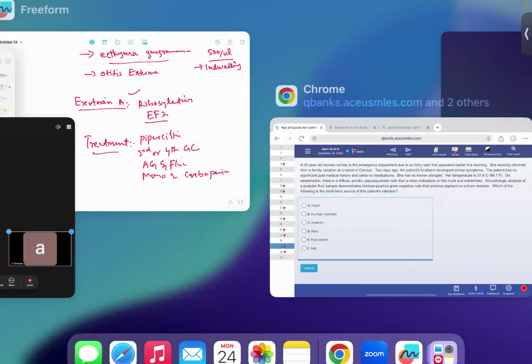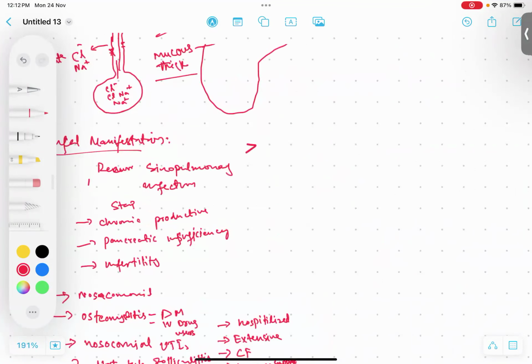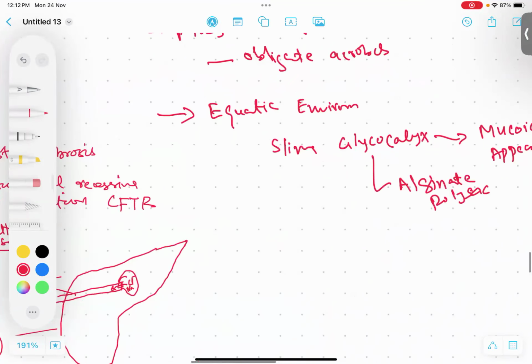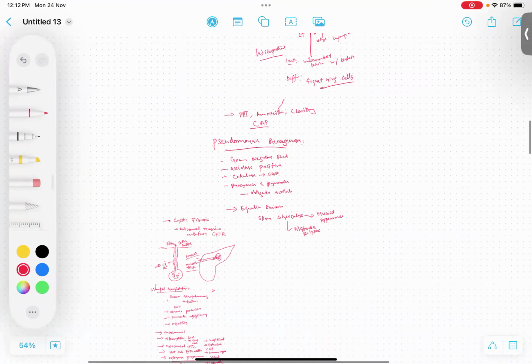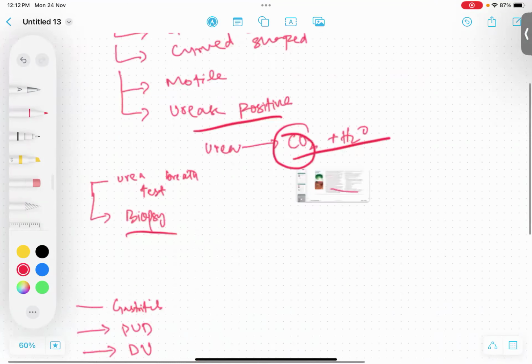I think we had a First Aid page on Pseudomonas, which will actually help you remember all these diseases.